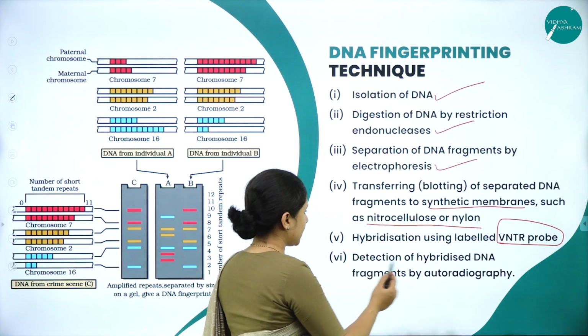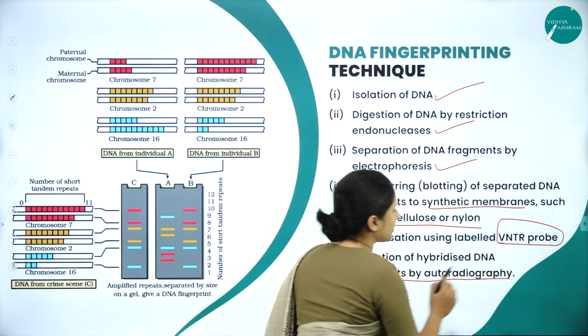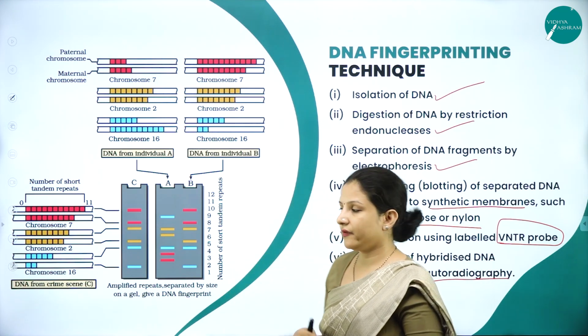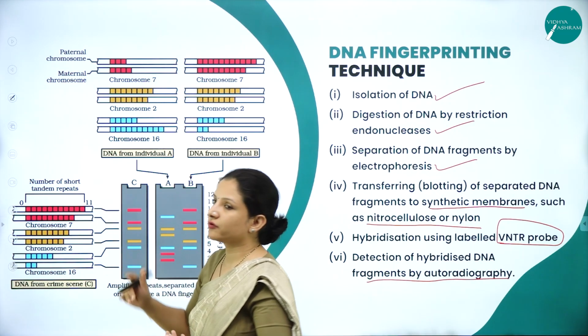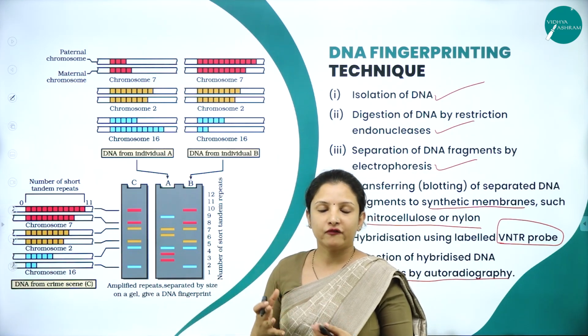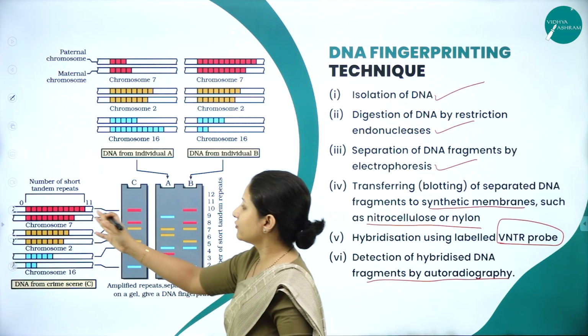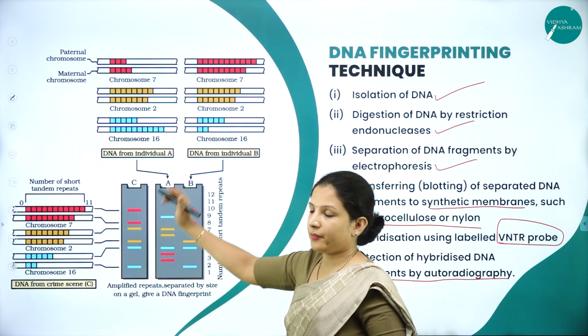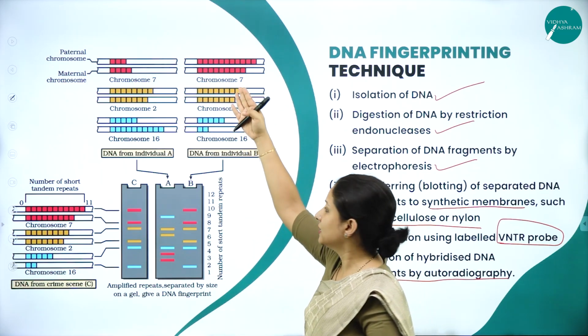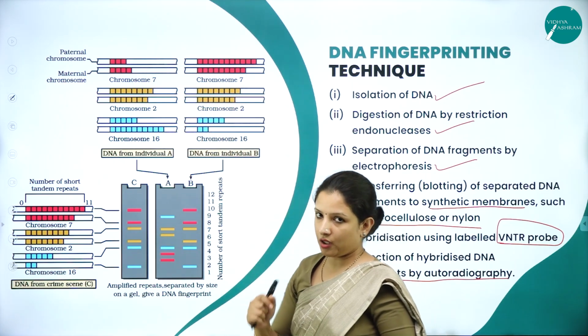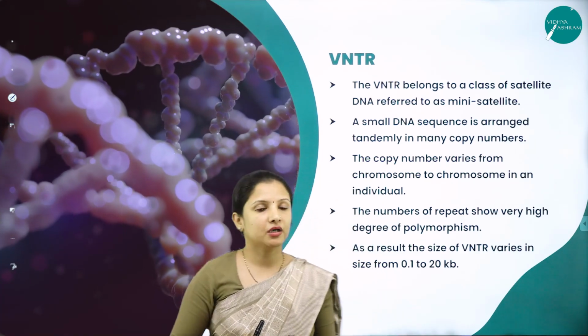Then detection of the hybridized DNA fragments is done by autoradiography, as I said. These sequences are then subjected to bioinformatics studies, wherein we get to know the number of repeats. Based on the number of repeats, we got to know that the culprit was individual B and not individual A. So that is how DNA fingerprinting is done.